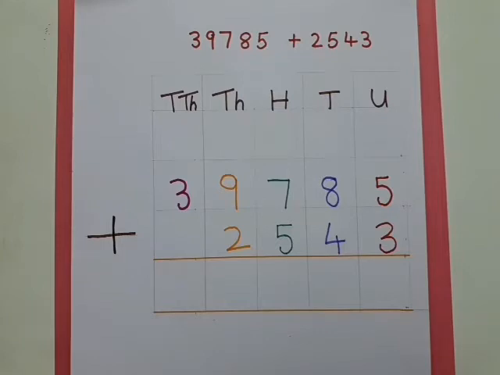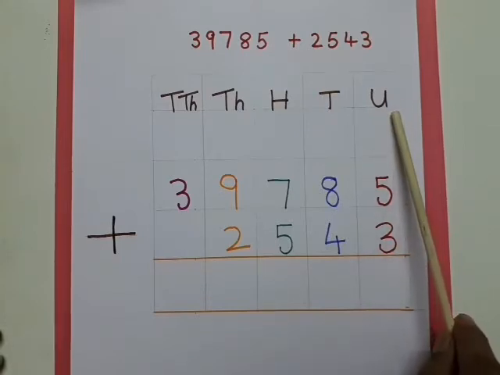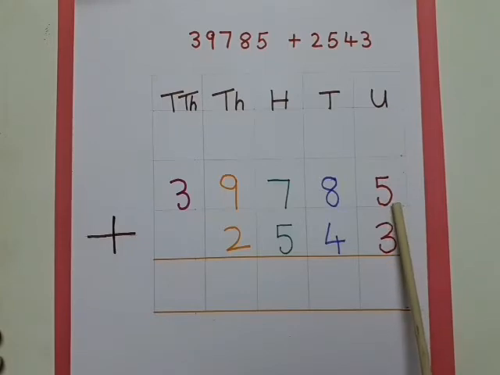Now we begin with our addition. Now children, as I have explained to you earlier, addition also we begin with the digits which are in the units place. So in the units place we have our digits 5 and 3. So as how I have explained to you, the first number we keep in our mind and the second number we show on our fingers.